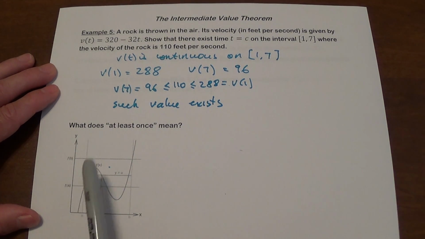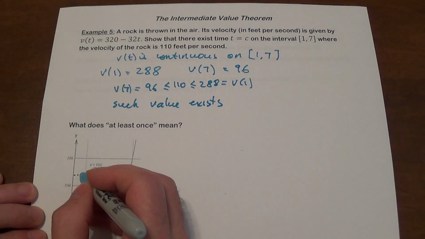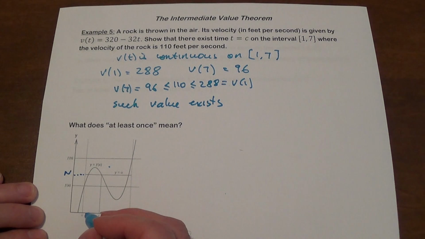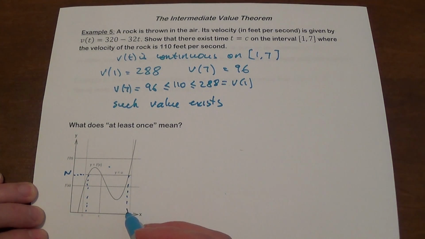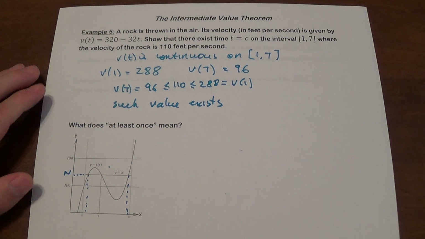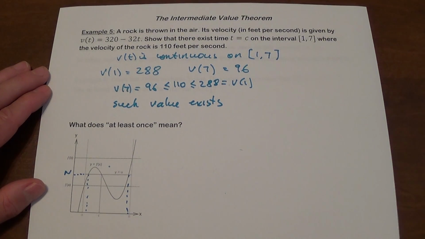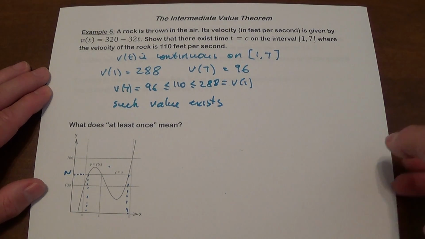Like in this case, for that particular value of n that I picked, I have 3 points where such a thing is going to happen, where we're going to attain this value, and all 3 points are going to fall on that interval. So when it says at least once, it means that 1 is guaranteed and potentially more.